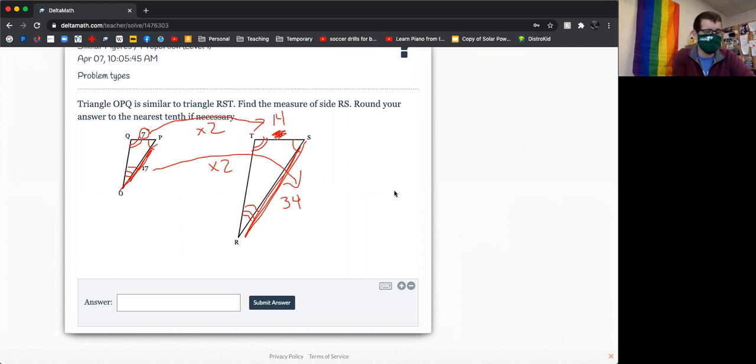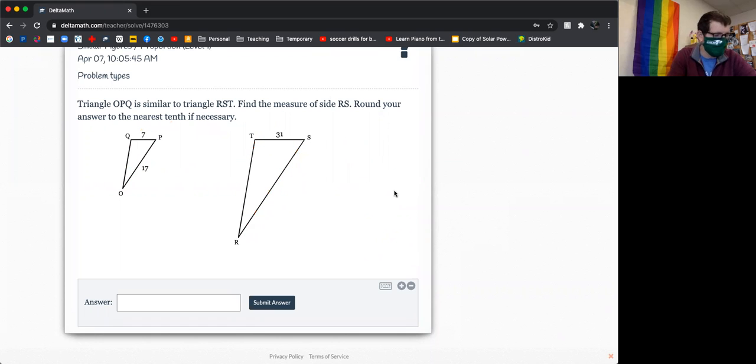And that's why we can set up a proportion, because we know that 7 over 14 equals 17 over 34. And if I simplify that down, it's going to be 1 over 2 equals 1 over 2. Proportionally, they are the same. Obviously, the actual values are different, but the proportions and the ratios between the two will be equal.